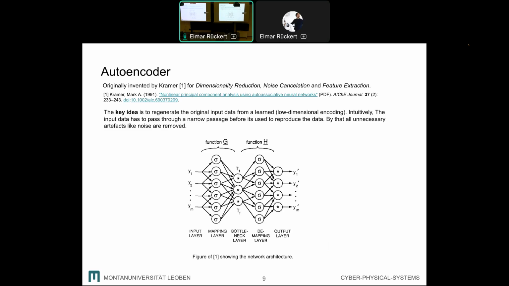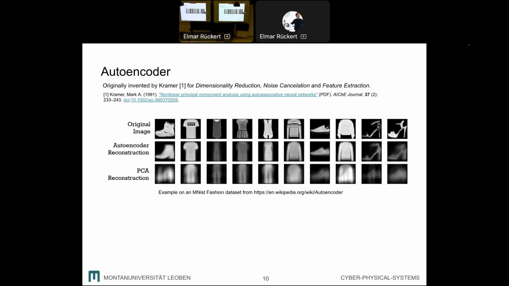Then you look at the error, you look at the signals, and then you try to reduce the number of neurons in this middle layer, until you only have 3 neurons left, or 4. Something like that. And then you will see that the error will increase, of course, but you will also look at the data, and at some point you will say, okay, this is the optimum. So generally speaking, just to give you a rough idea.